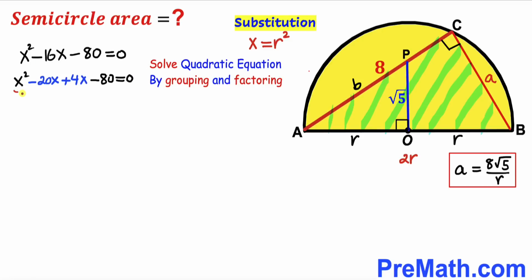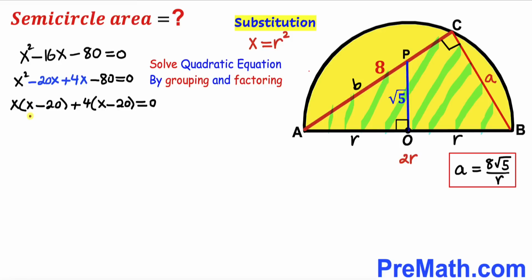Now we can see between the first two terms, x is in common, and between the last two terms, positive 4 is in common. So I can write x times (x − 20), and here I'm going to factor out positive 4, so we're going to get (x − 20) equal to 0.